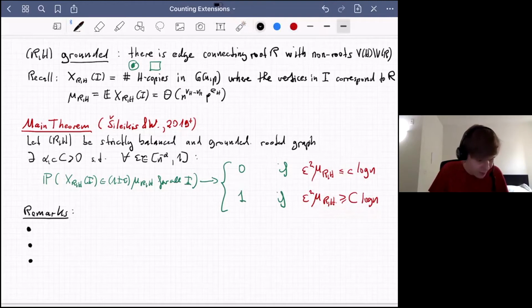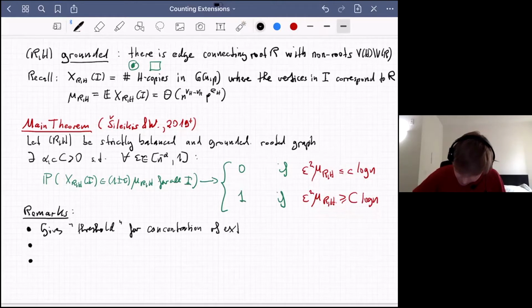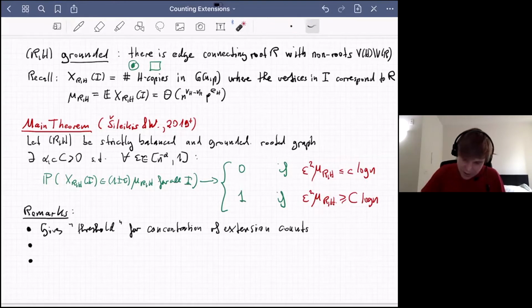This is related to the usual notion of thresholds, giving a threshold for the concentration of these extension counts. Just that here, instead of just looking at the edge probability p, we also take into account this epsilon.